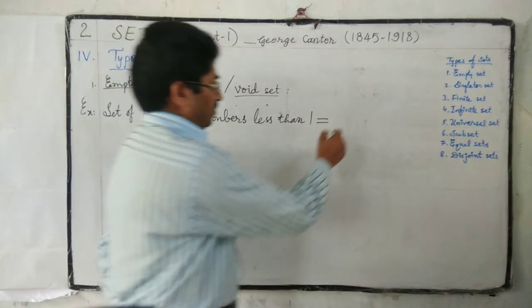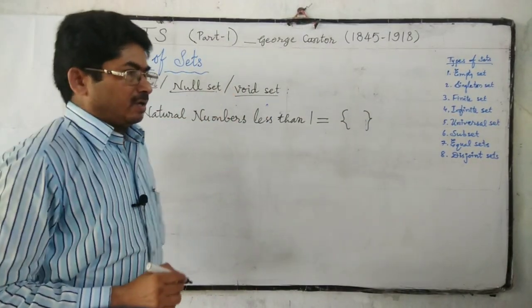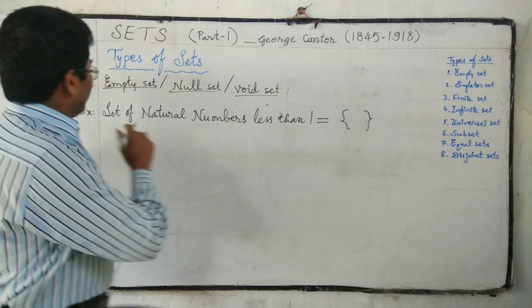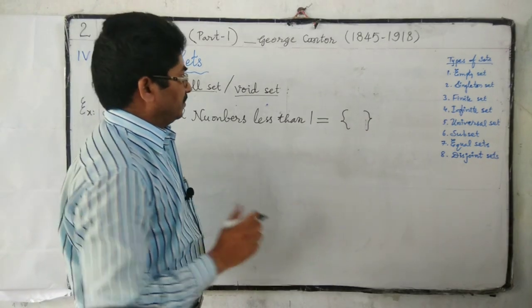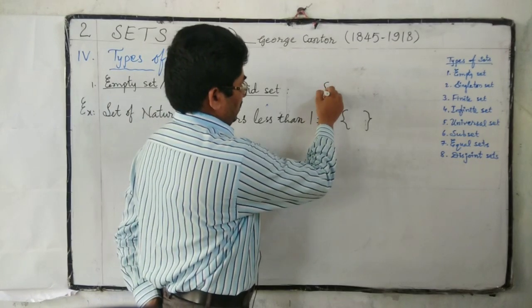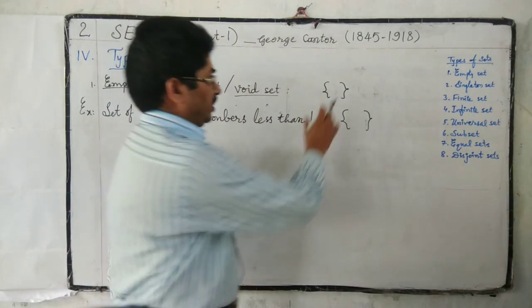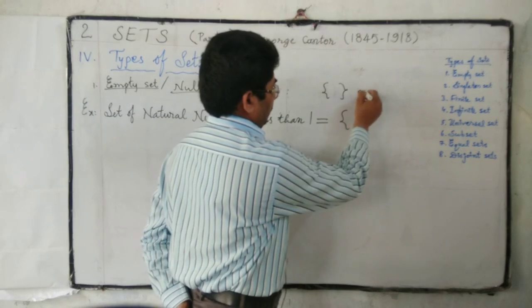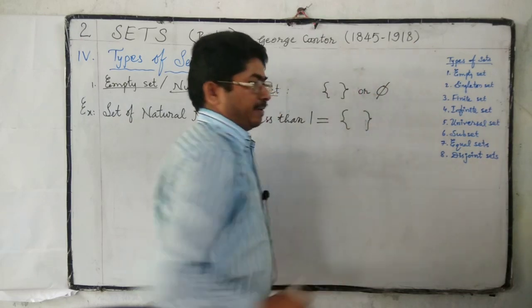So in this set, no elements. The empty set is denoted by the symbol flower bracket or set bracket, or like this, phi.